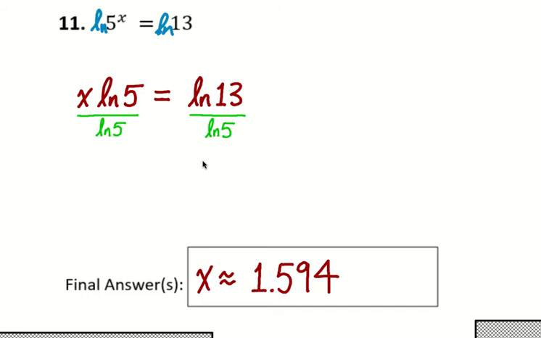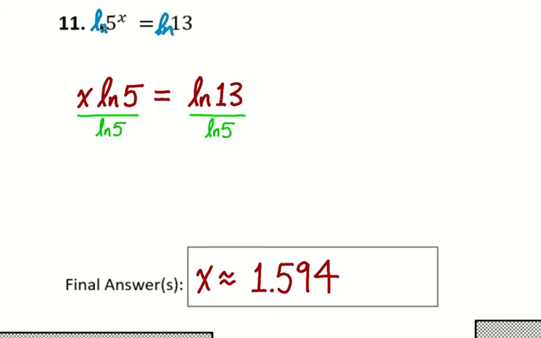If you were to go with just a regular log of both sides, and by regular log, I mean log base 10, just your generic log, which is going to be base 10. Your calculator has a natural log button capability, and it also has a log base 10 capability. That's the typical log button, right?